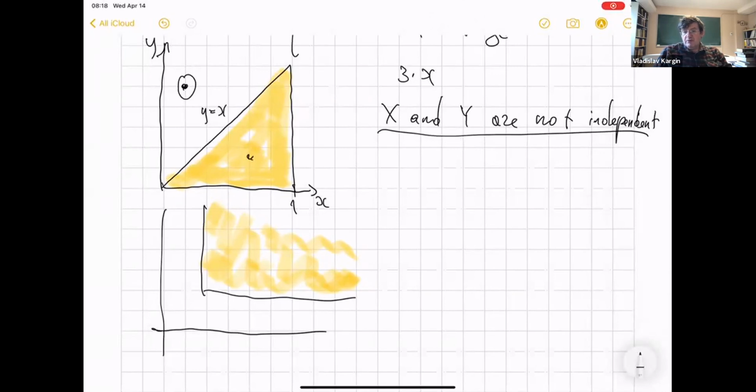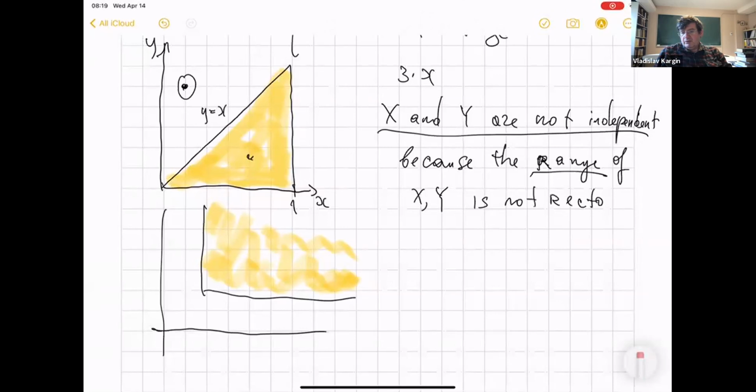So x and y are not independent because the range of x and y, which is the support of the density function, so it's the set where the density function is not equal to 0, is not a rectangular region.